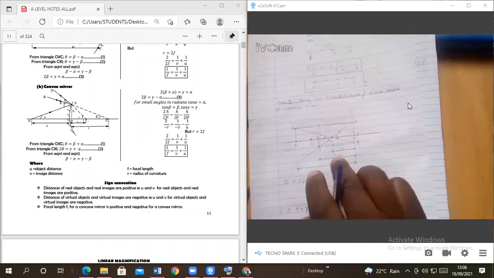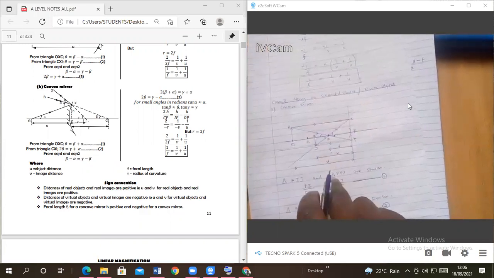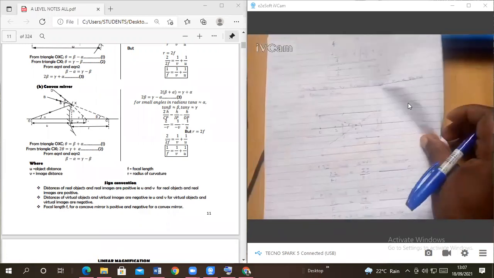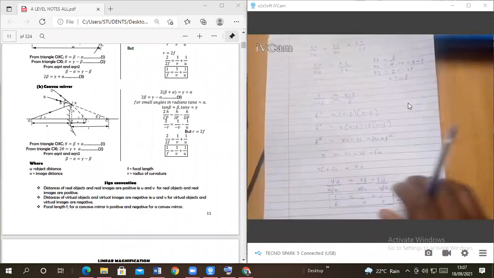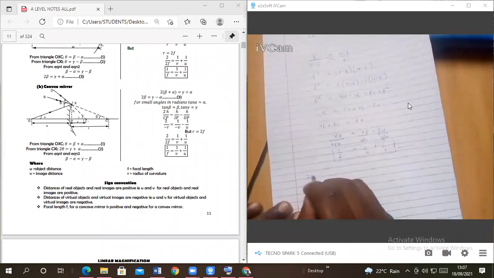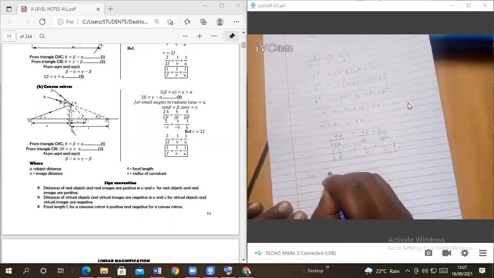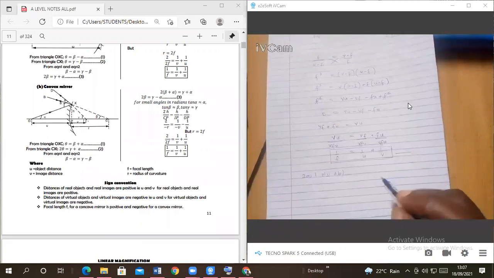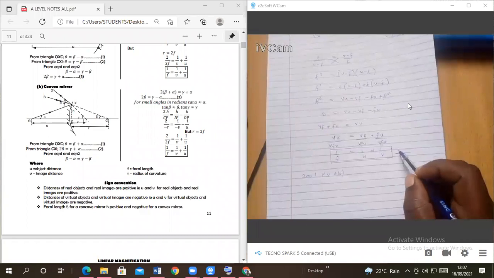Because it has Roman number 2, they're asking to use the diagram above to derive the expression 1 over F is equal to 1 over U plus 1 over V, where U, V, and F are object distance, image distance, and focal length. So you can go and check 2001 number 2B. You check that question. It needs you to derive this expression.